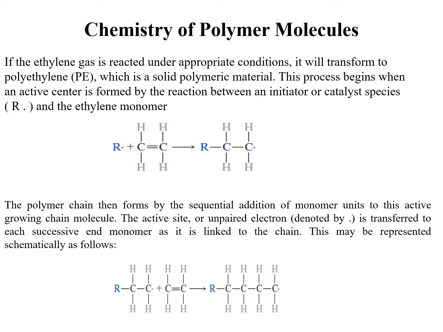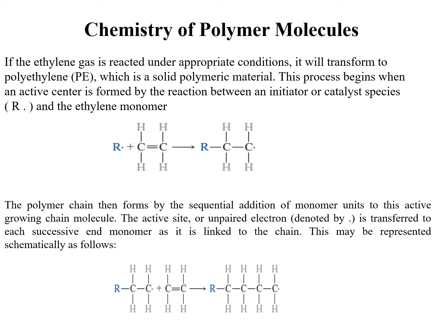Considering the hydrocarbon ethylene, which is a gas at ambient temperature and pressure, you know that its molecular structure is C2H4. Now if the ethylene gas is reacted under appropriate conditions, it will transform to polyethylene, that is a solid polymeric material.